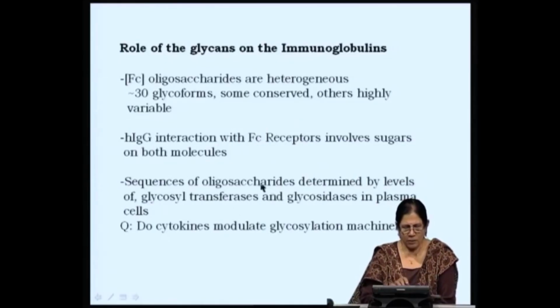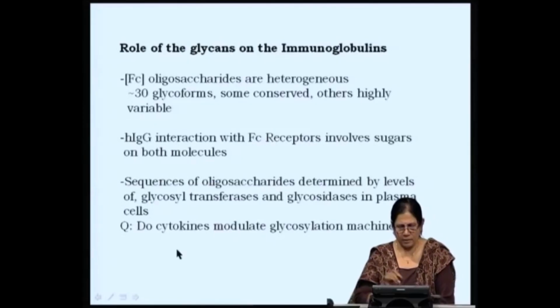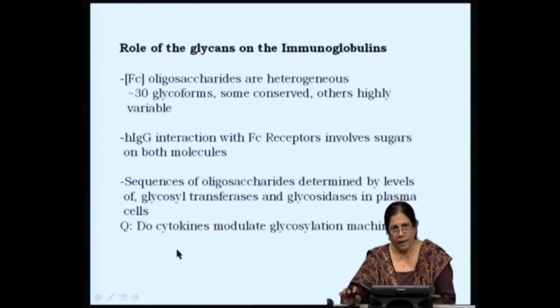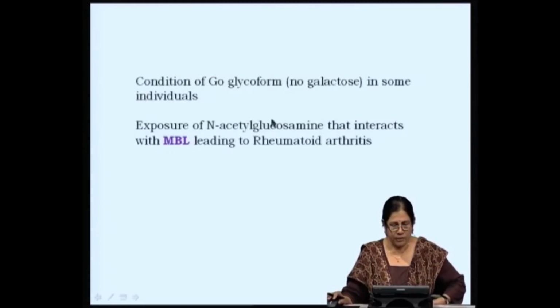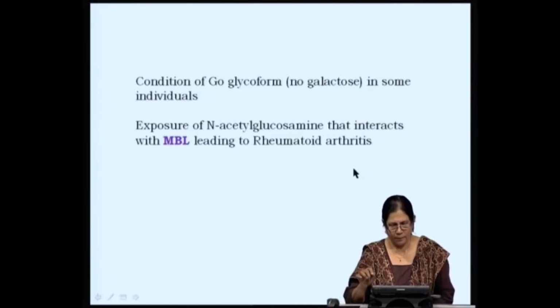Also, the sequences of these oligosaccharides, the sugars that are present, has been shown to inhibit an autoimmune response, the autoimmune response which might result in rheumatoid arthritis. Now, let us see how that happens.